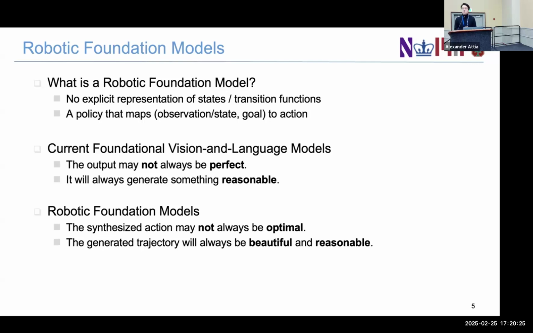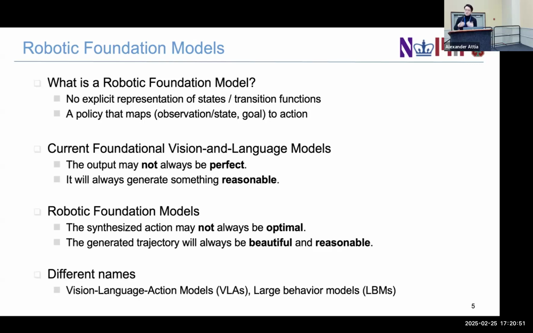And for robotic foundation models, I want to provide a similar definition, meaning the synthesized actions may not always be the optimal actions to accomplish that task, but the generated trajectories need to be always reasonable in solving the tasks that you give to this robot. That is the foundation model that we hope to achieve with robotic foundation models.